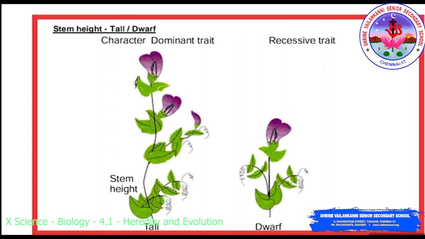In Pisum sativum it was observed that most tall plants receive the dominant trait, whereas dwarf is the recessive trait. This character plays an important role in Mendel's experiment, where he could carry out his procedure and establish his work with the monohybrid cross as well as the dihybrid cross. We will discuss this in the next class. Thank you.